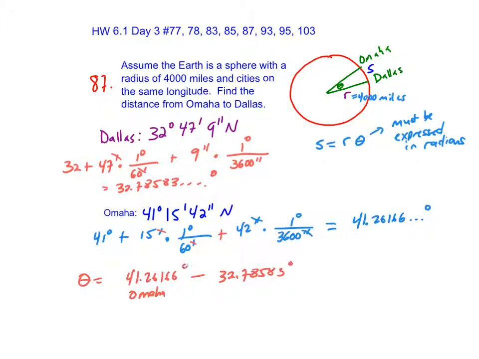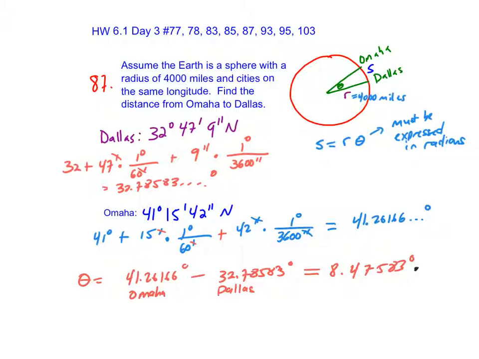Those are all decimal degrees. That's the latitude of Dallas. And when we subtract those, we get about 8.47583 degrees. And when we use the arc length formula, this angle must be in radians.